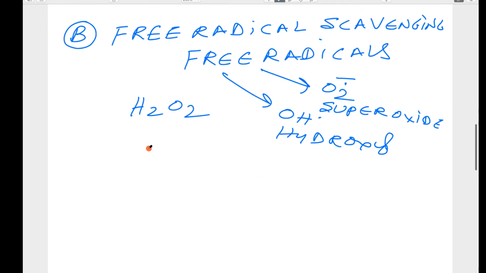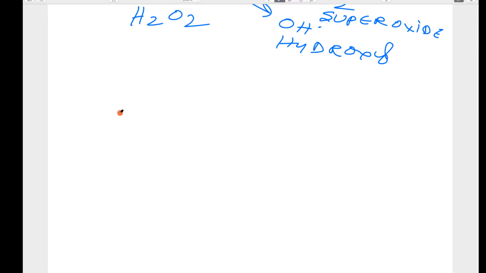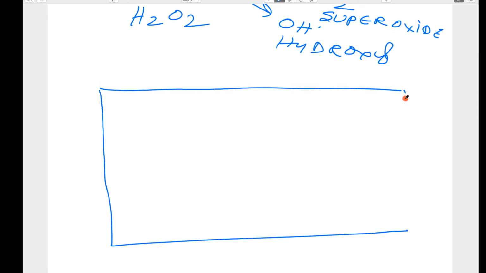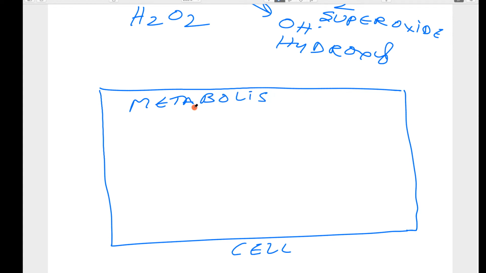When are they produced? In the cell, various metabolic reactions are taking place. One or other metabolism is taking place, so byproducts are formed in addition to the products.